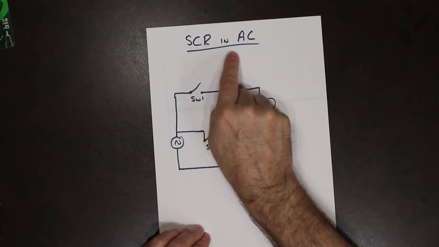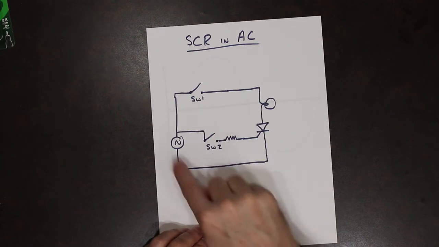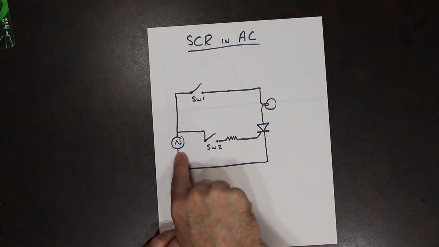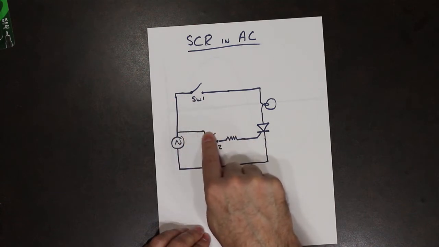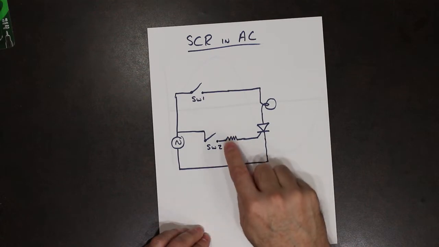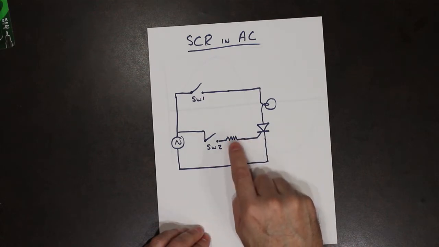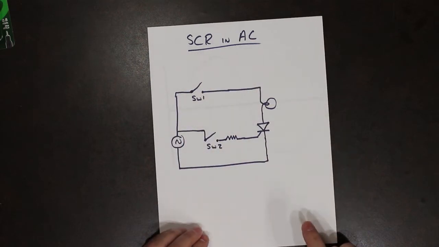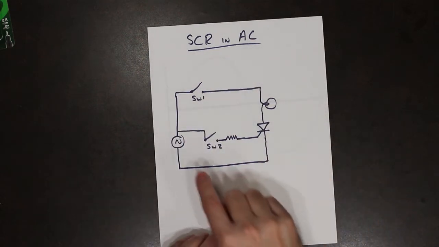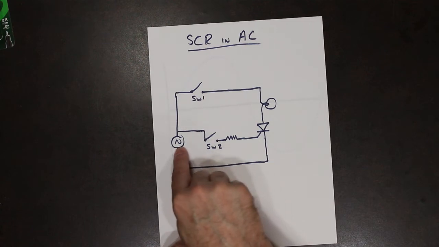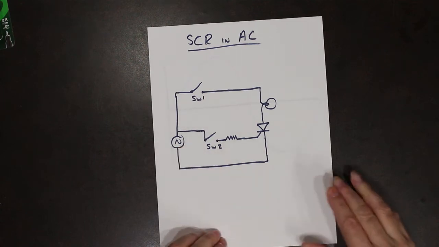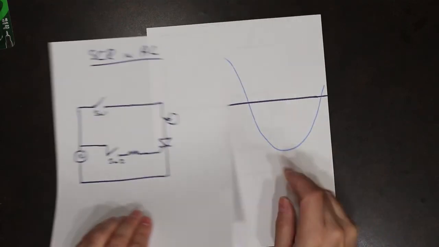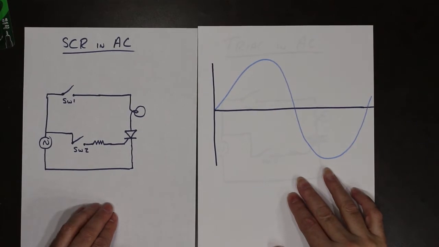So, an SCR in an AC system. This is the circuit from the lab. We've got the SCR, we've got an AC supply, a couple of switches just to control our current flow, and a resistor to limit the current into the gate of the SCR. Very similar to what we did in lab number 3, the only difference is instead of having a DC supply, we're now going to have an AC supply.